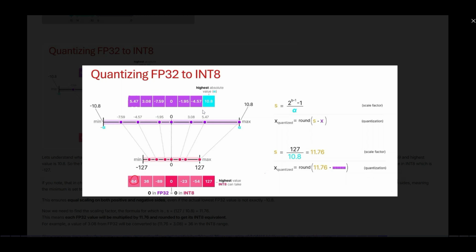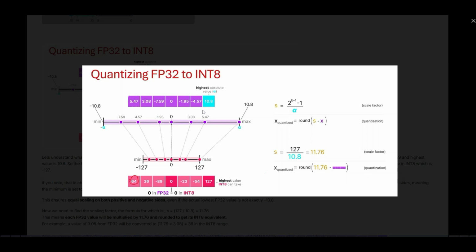Symmetric quantization often chooses the highest absolute value, here 10.8, and applies it to both sides, meaning the minimum is set to negative 10.8, even though the lowest observed value is negative 7.59. So in our case, the highest absolute value, alpha, equals 10.8 and is used for scaling calculations. This ensures equal scaling on both the positive and negative sides, even if the actual lowest FP32 value is not exactly negative 10.8.